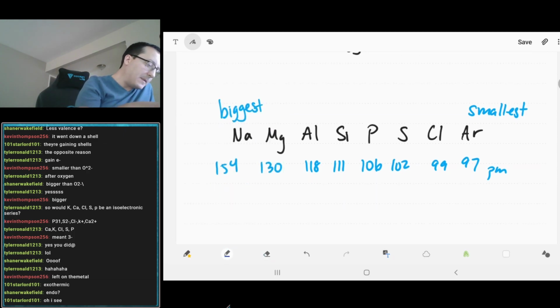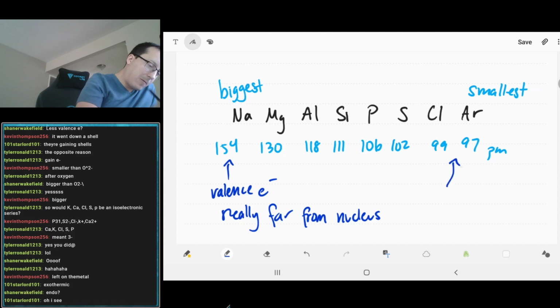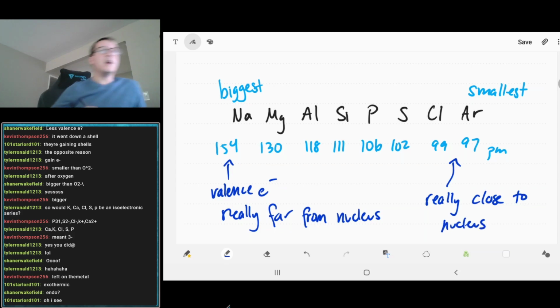If we think about this, if we are looking at these valence electrons, we can just look at the radius to understand that a big radius means the electrons are really far, right? It's a big thing now. Whereas argon, they're pulled in, right?